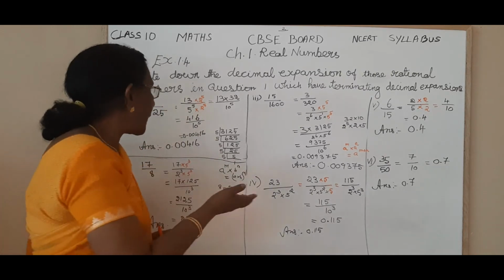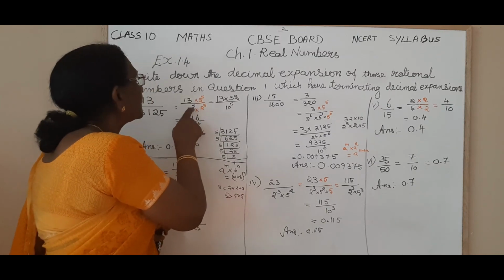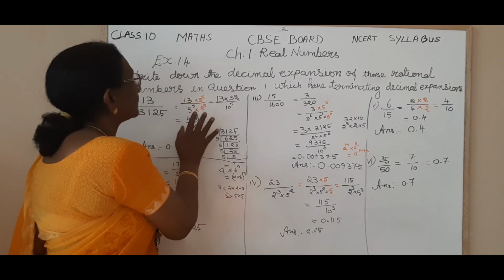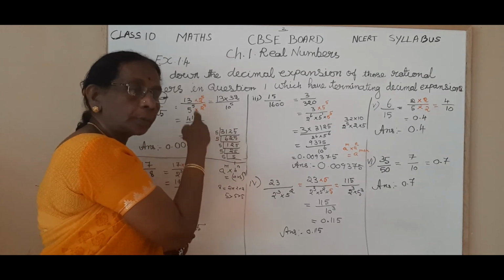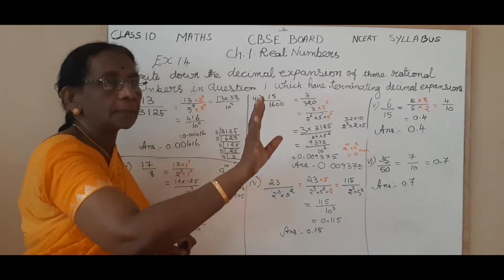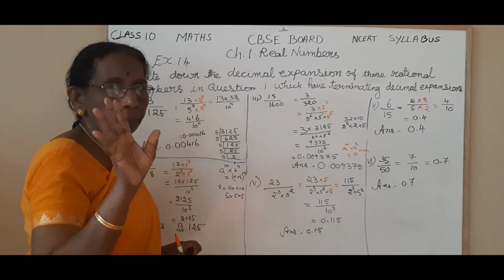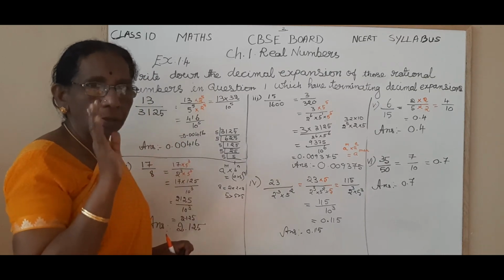Okay, so for that you just prime factorize and see the highest power. Up to this, if you do, that's enough. 5 to the power 5. Anyway, you are going to multiply by 2 to the power 5 only to make the decimal places. No need to go to the further steps. 1 mark, no step marks. Okay, for 1 mark, if it is correct 1, if it is wrong 0.